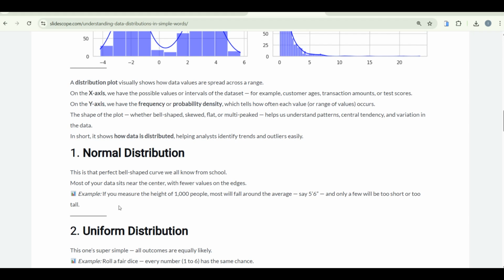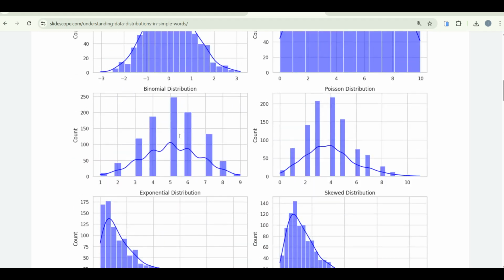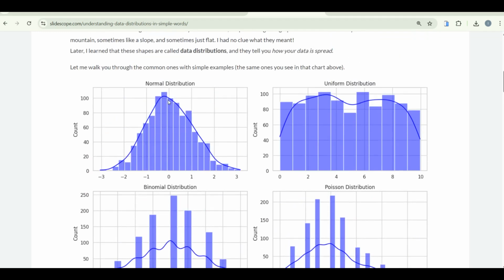Example is, let's say you take 1000 people, you are surveying them, you ask them their height, and you will learn that most of them fall near 5 feet 6 inch, and only a few will be too short or too tall. So let's say this is the lowest height, this is the highest height.